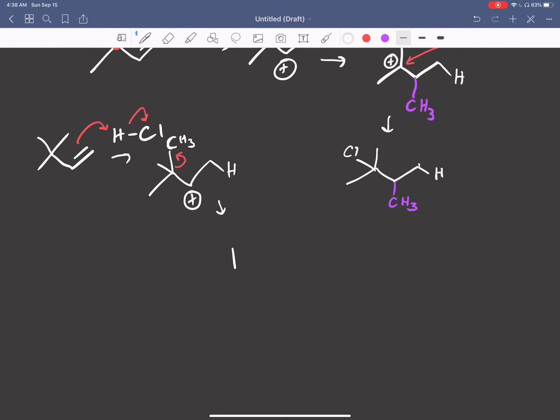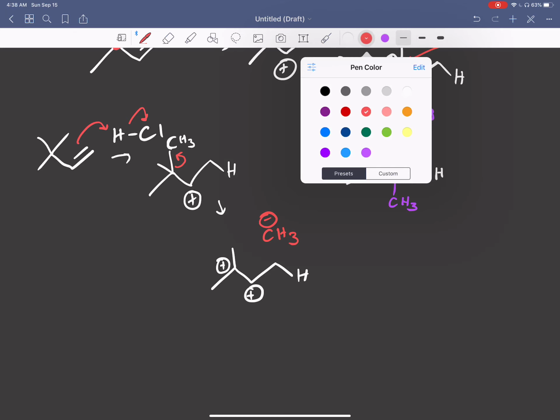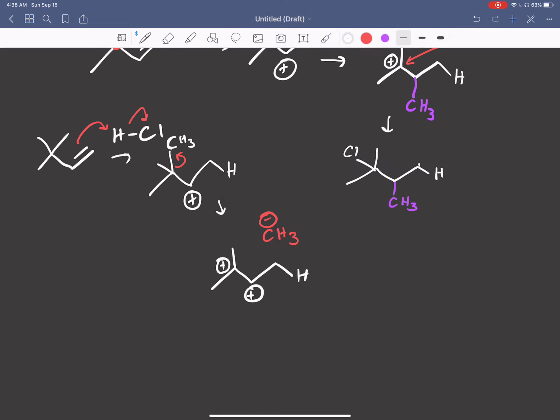So we're going to get this structure here, positive formal charge there, positive formal charge there, and a CH3 minus. Okay, a CH3 minus. And so now it has the choice of where it's going to attack.